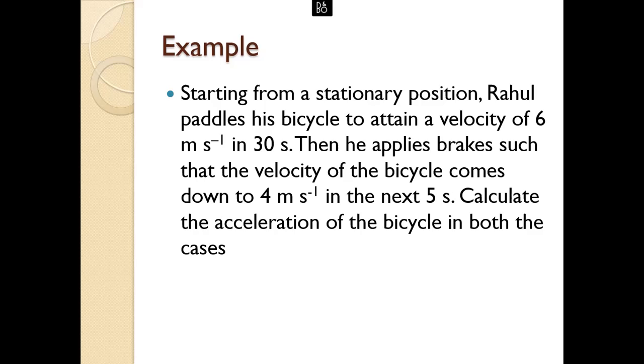Starting from a stationary position, Rahul pedals his bicycle to attain a velocity of 6 meter per second in 30 seconds. So starting from a stationary position, which means what? How much was the initial velocity? Tell me.